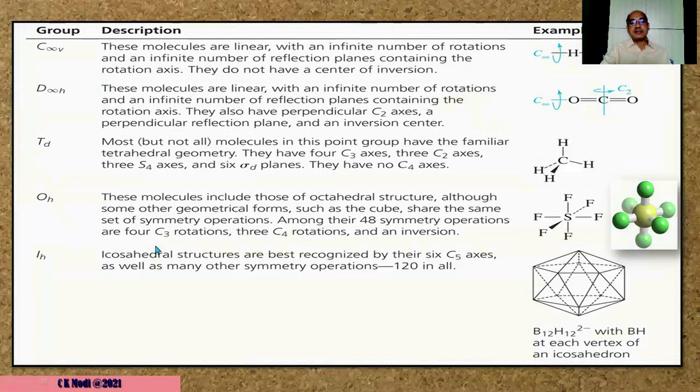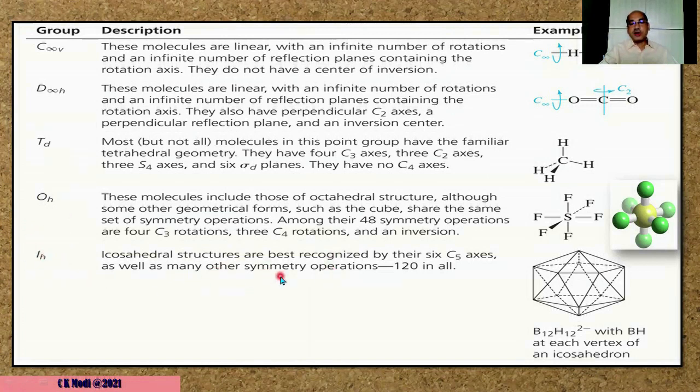Now, these are some of the examples where higher symmetry elements are present. So in tetrahedral molecule, a number of symmetry elements are present. They are specific molecules having higher symmetry and therefore they have specific names: tetrahedral, octahedral, and icosahedral.